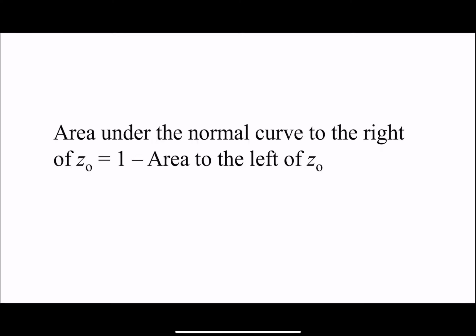let's move on. So now the area under the curve, we just talked about this. If I want the curve to the right, I do 1 minus the area to the left. You only have to do this if you're using the z-table.